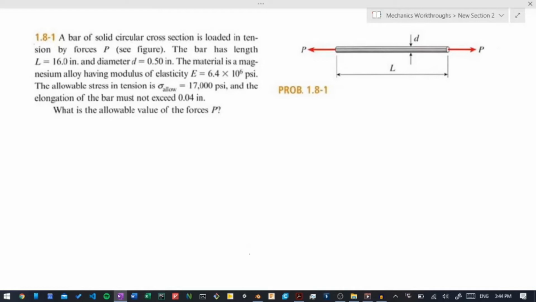So we need to be able to find the maximum P for each of these two cases, and then we will need to pick the smaller one so that it does not exceed what is allowed. So first we need to find our givens.